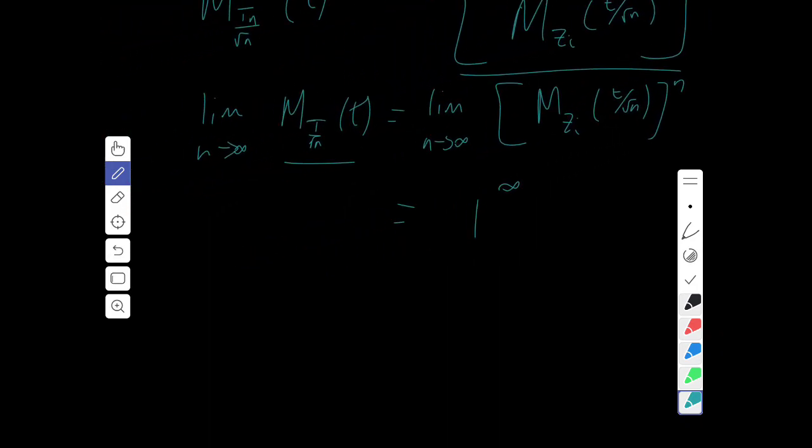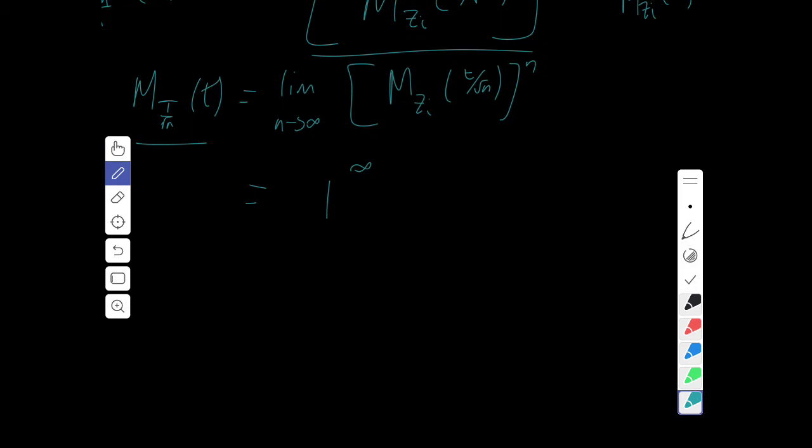Now, that's what's called an indeterminate form, a version of it where once we do some manipulation, we can use L'Hopital's rule.